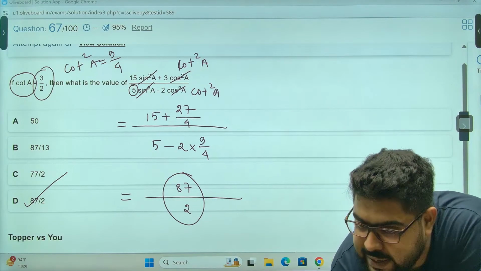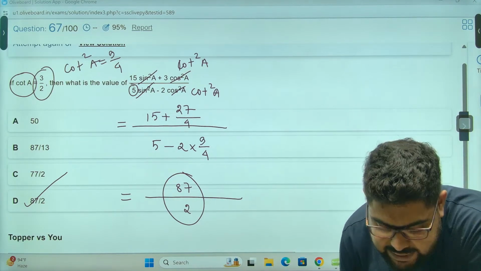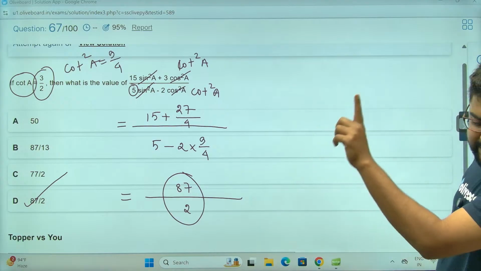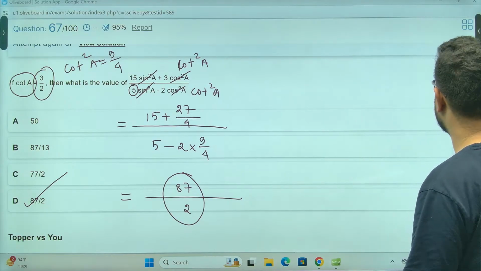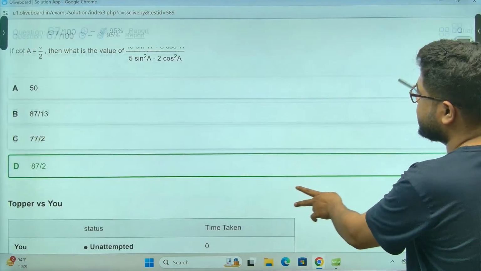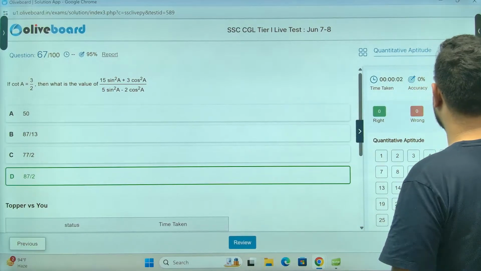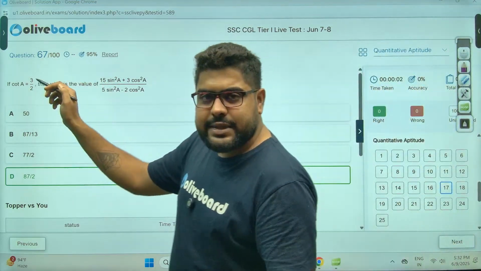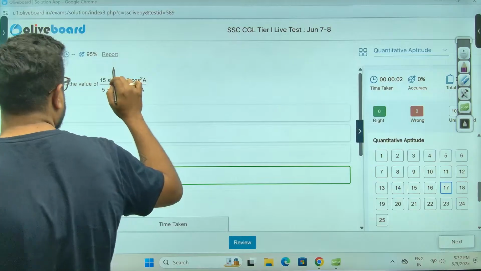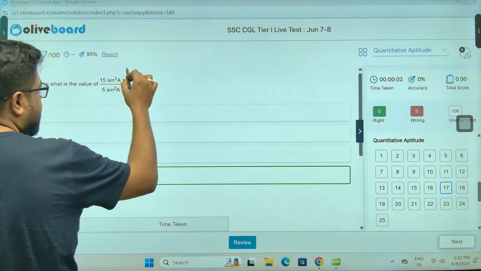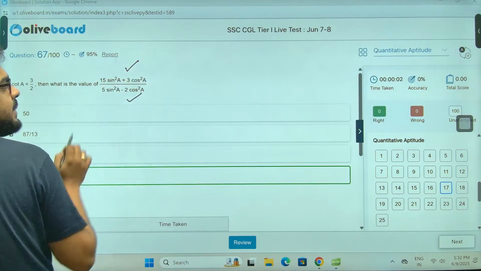Yes, Raghu, absolutely correct. I hope it is not difficult, it is quite easily doable. Another way: cot is given, cot means cos by sine, and here also cos by sine or sine by cos is given.